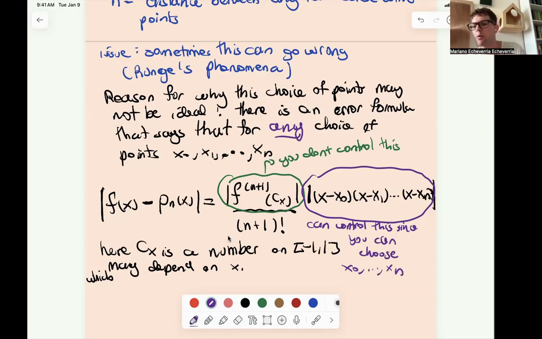So the question then becomes, how do you choose the values for x0 up to xn that make this quantity vary the least? What you want to do is find a choice of values for the x's that gives you the best control over that quantity.